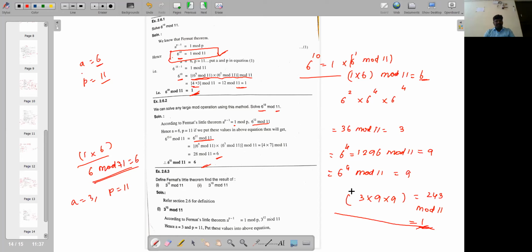So 3 power 12. You want me to solve this? You can work it out in your notebook and tell me the answers for both 3 power 12 as well as 3 power 10.